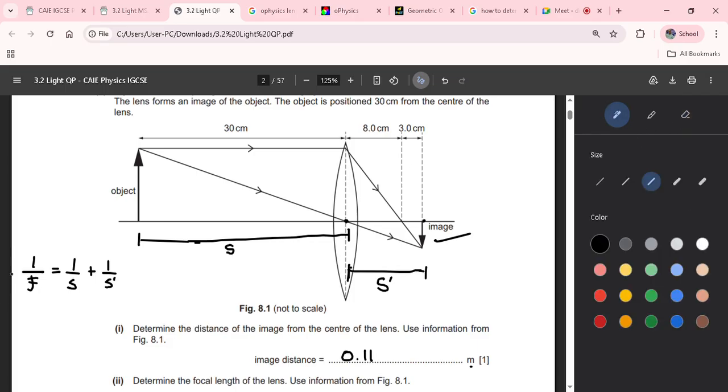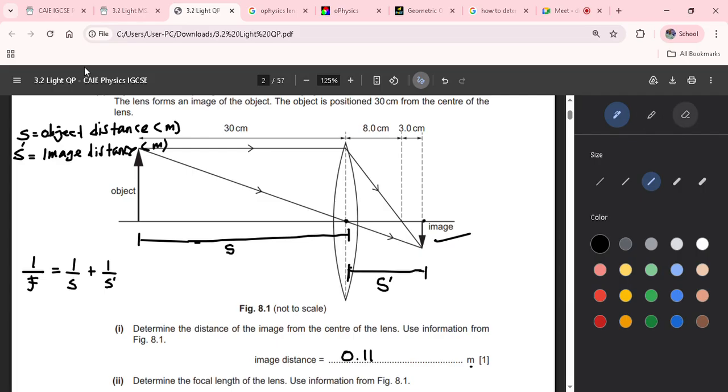The focal length based on this formula is 1 over s plus 1 over s'. Here 1 over the object distance, which is s, so s is the object distance, which is in meter, and s' is the image distance, usually also in meter.